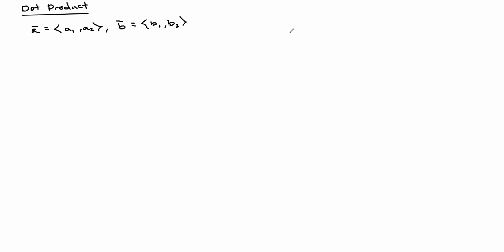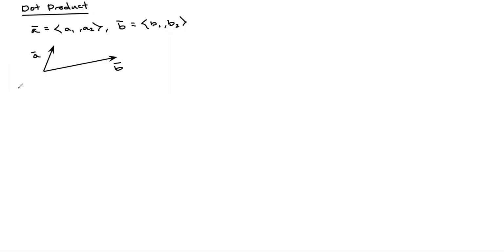We're also going to draw a picture, and we're going to say that this one is A and this one is B. We're going to start off by saying that there are two definitions for the dot product that we need to understand, and we really need to understand both of them.